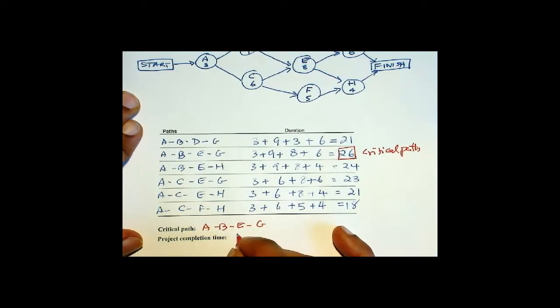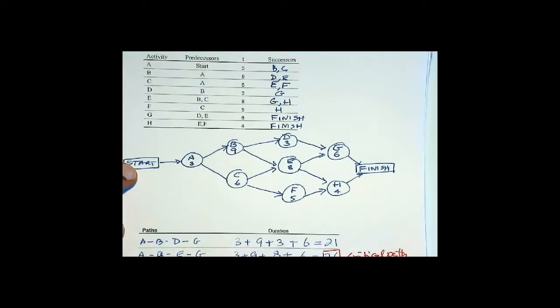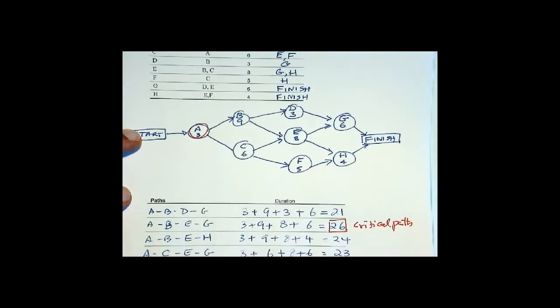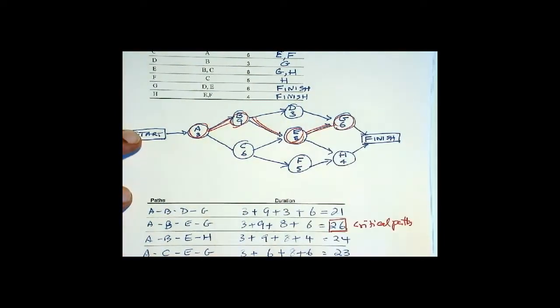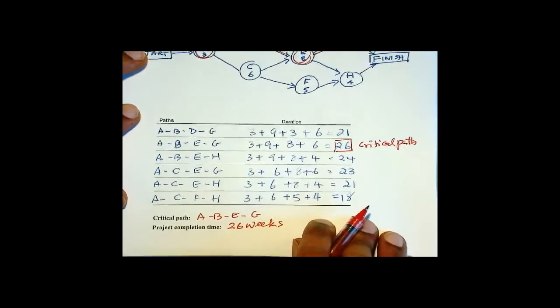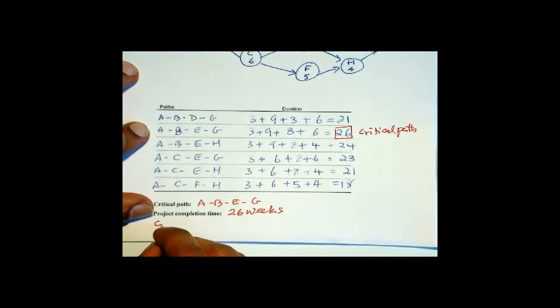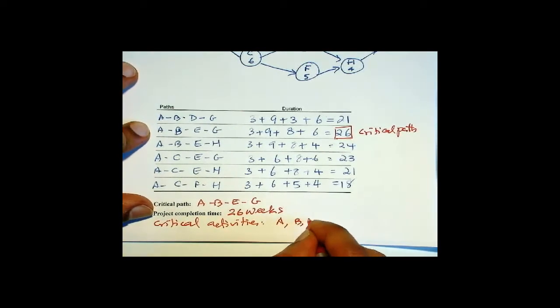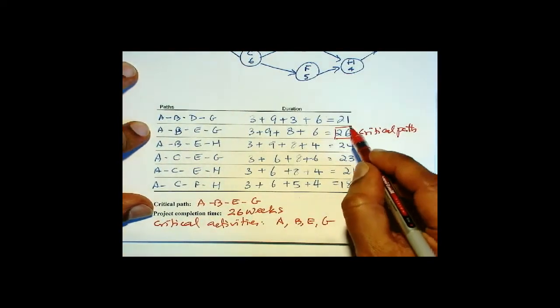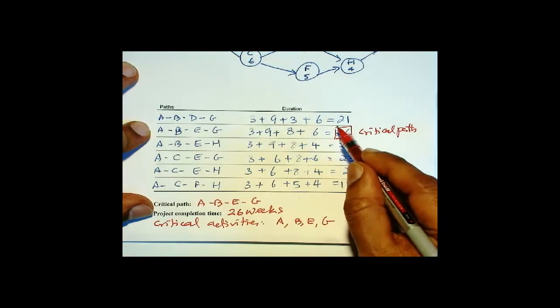So that's A, B, E, and G. The critical activities are A, B, E, and G. Any delay in these activities will cause the path duration to exceed 26 and the project completion time will be delayed.